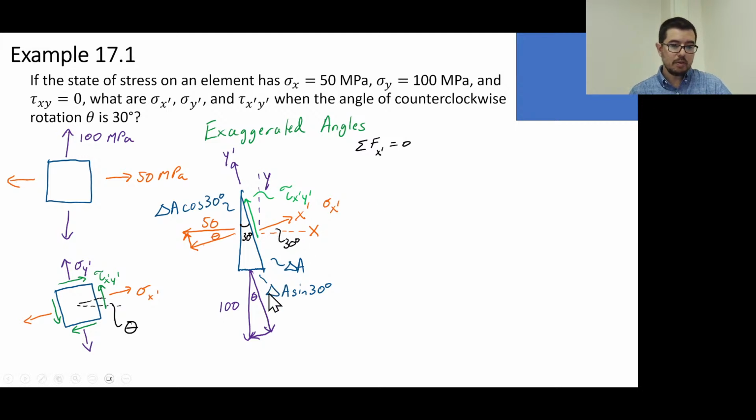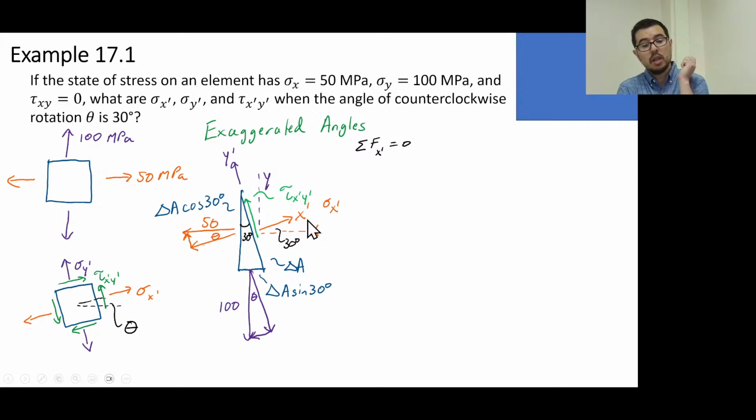What are my knowns? My knowns are this 100 here and this 50 megapascal here, so this sigma x up here and this sigma y down here. My unknown is sigma x prime.